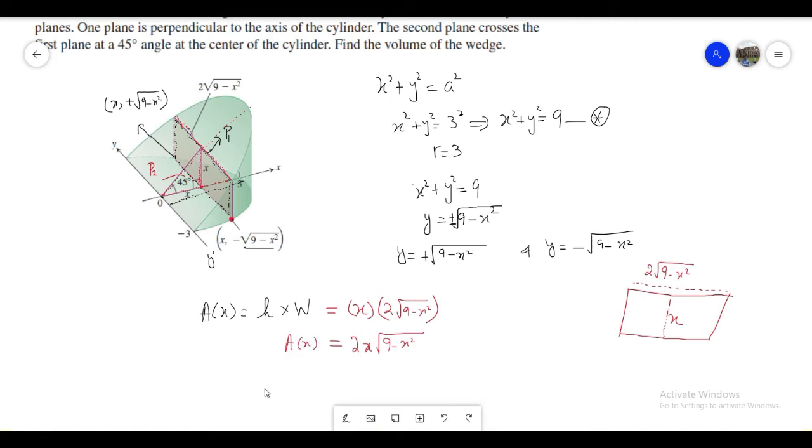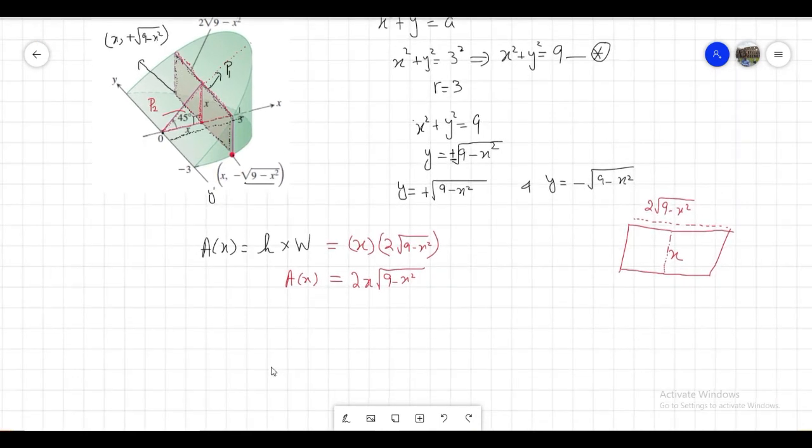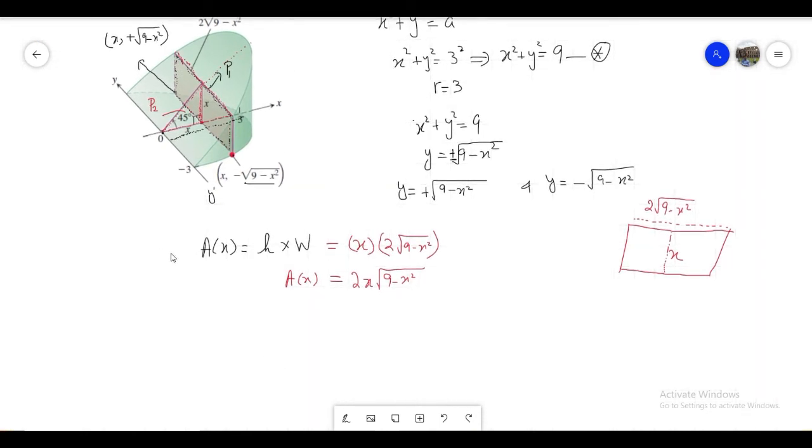So this is basically called the cross-sectional area. Once we know the cross-sectional area, we also know the limits of integration, which are very simple, moving from 0 to 3.